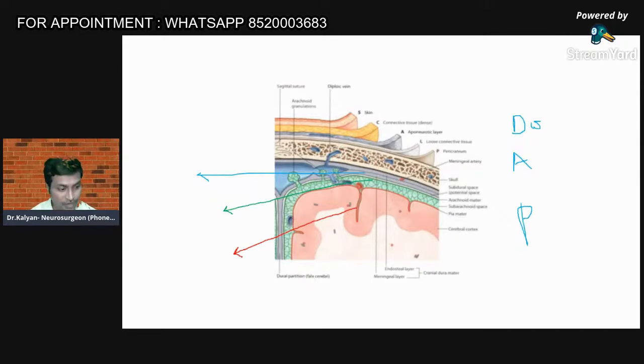So what is the blue color membrane, which is the outermost? What is the green color membrane, which is between outer and inner? And what is the red color membrane, which is innermost?